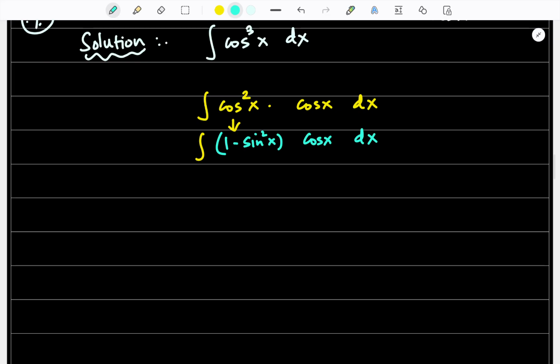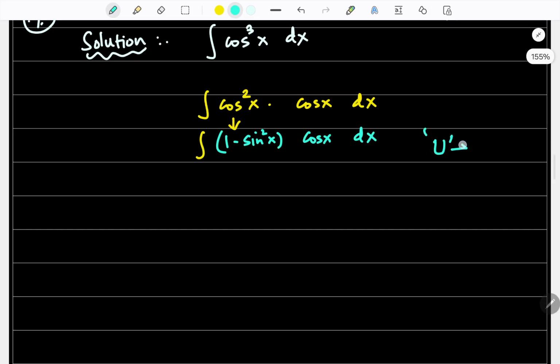While you are choosing the substitution method, take u as the higher power. Look at this. sin²x is the higher power because cos is power 1. So put u equal to sin x.